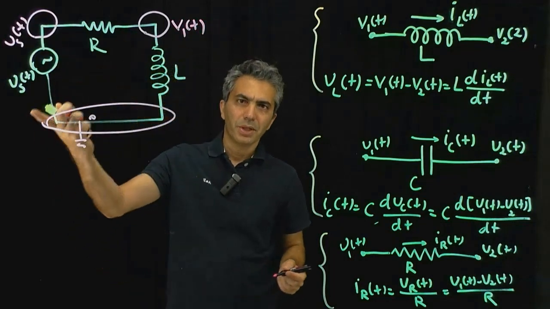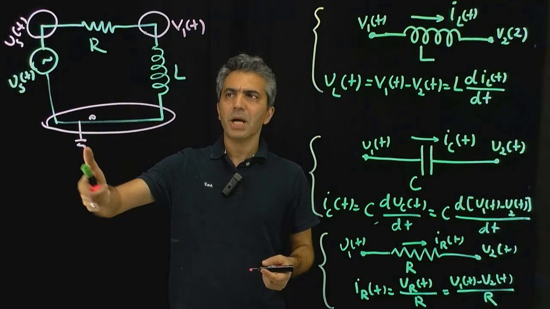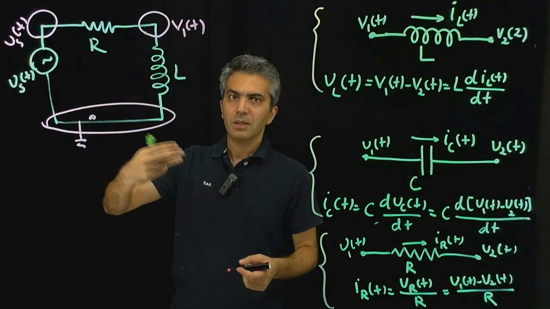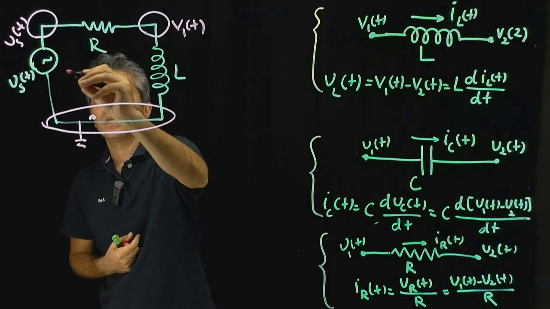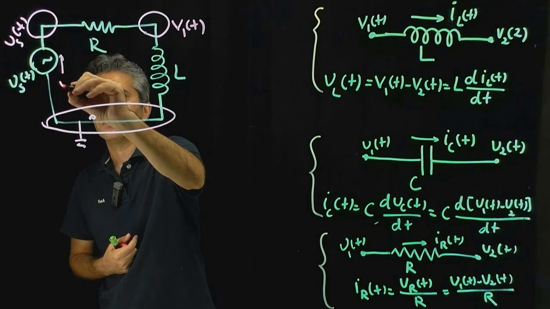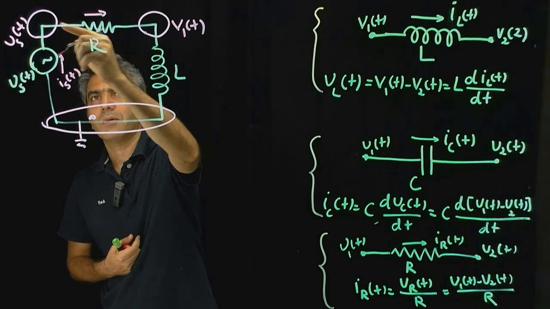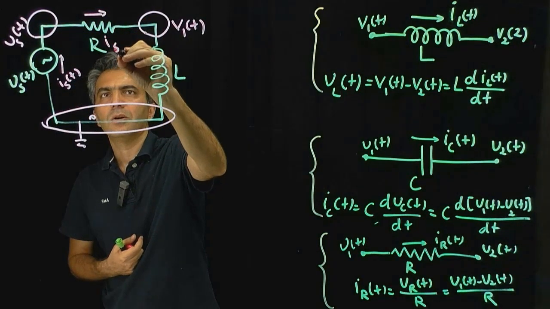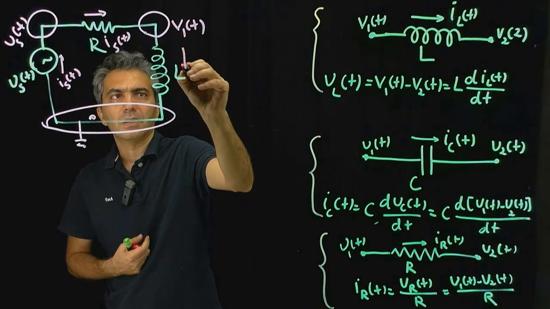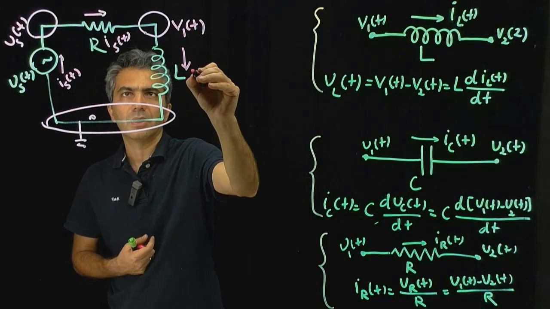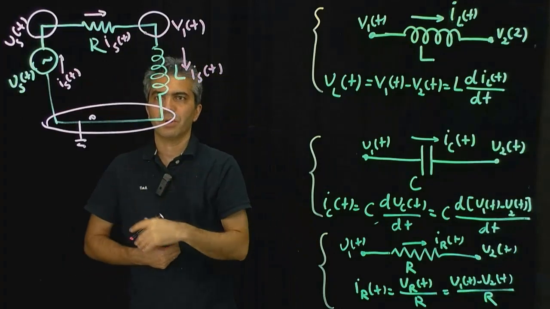Notice I keep on putting time here to remind myself that currents and voltages here are going to end up being a function of time. Okay, now the currents. If I call that IS(t), writing the KCL in my head for that node tells me that this one is also IS(t), and writing the KCL for that node would immediately tell me that this one also is IS(t). So with that, I don't have to write a KCL anymore.